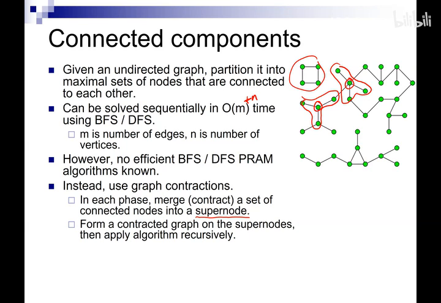You do this again, and you get new super nodes, and these super nodes also have 3 connected components. If you keep doing this, then eventually all of the nodes in each connected component are going to get merged into a single super node. So at the end of this, for this graph, we're just going to end up with 3 super nodes, which come from merging each of these 3 connected components.